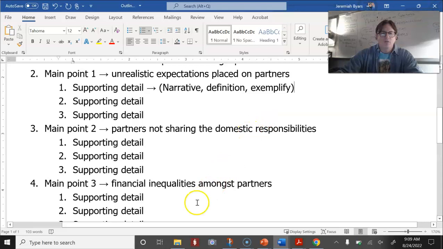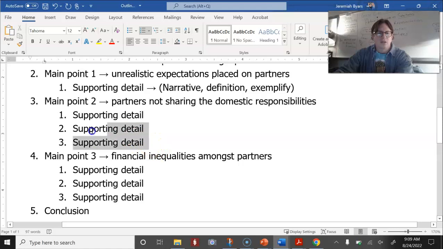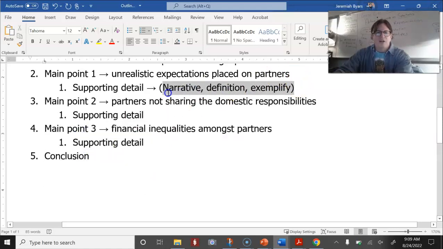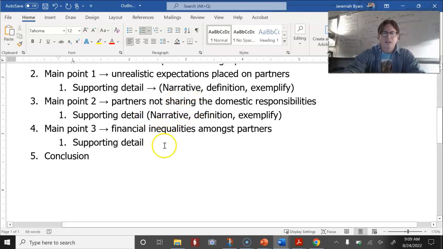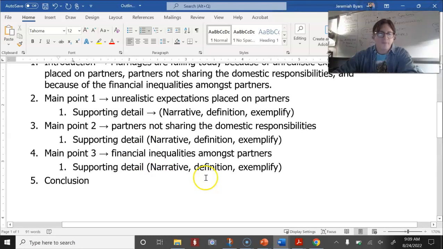And I would really just kind of do one. Decide which one you're going to do for each of these. You might have 3 narratives. You might have 3 different definitions. You might have 3 different examples. Okay, whatever it is, for your essay, which I haven't really actually even talked to you about, you are going to do something.